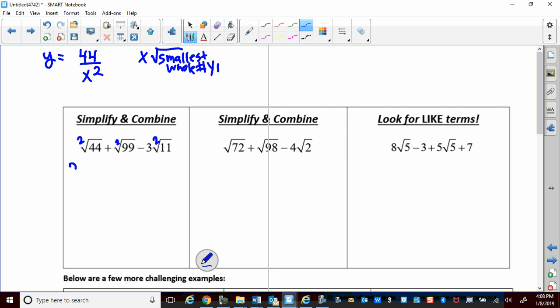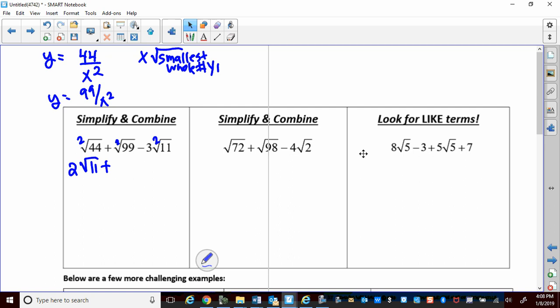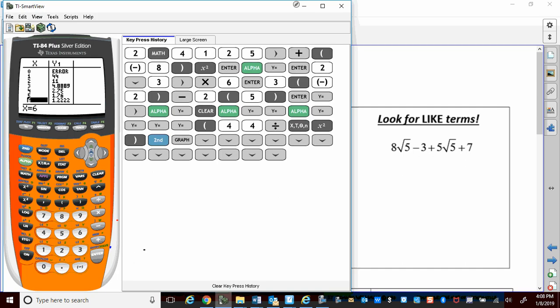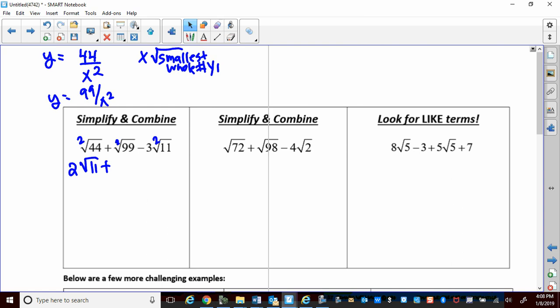Simplifying, I get 2 root 11 plus, for 99, I'm going to put in y equals 99 over x squared. I'm looking for the smallest y. So second table, the smallest value will be 3 root 11, plus 3 root 11 here.